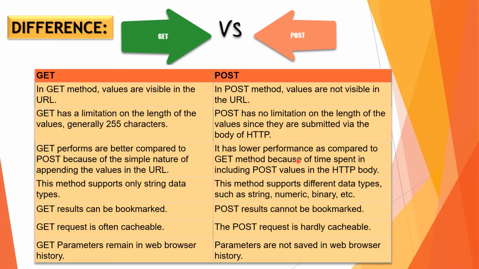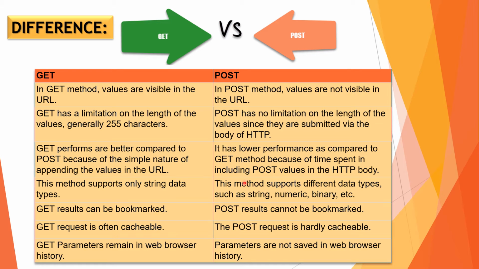So post will take some more time to include the values which will be taken from the user. The get method will support only string data type. This is also important.